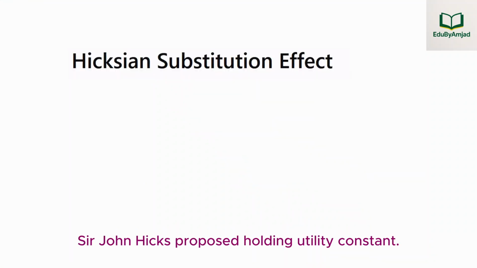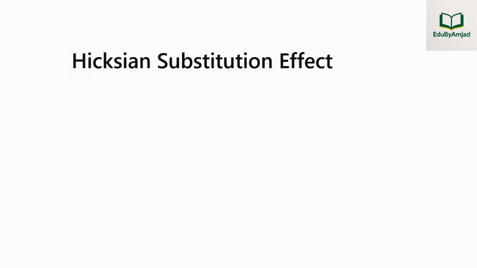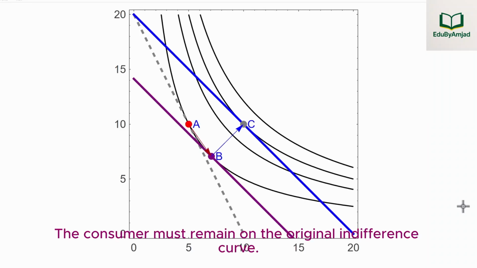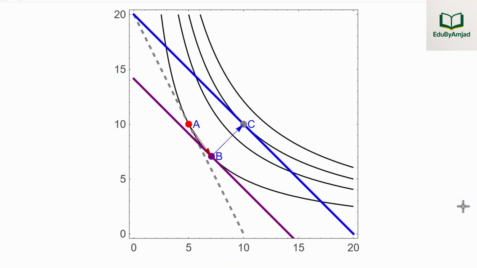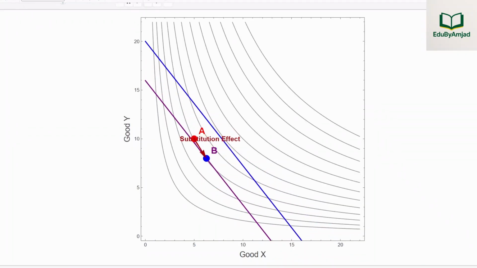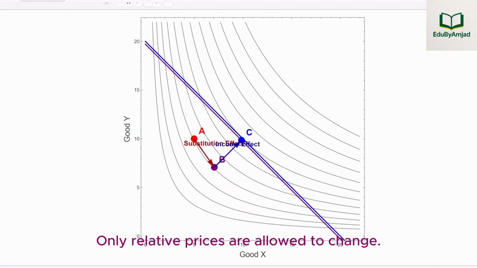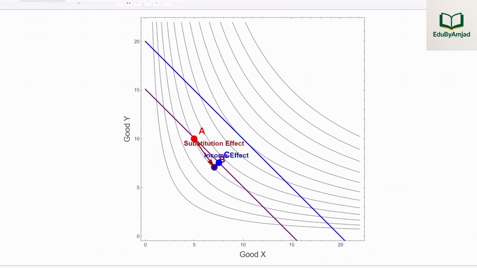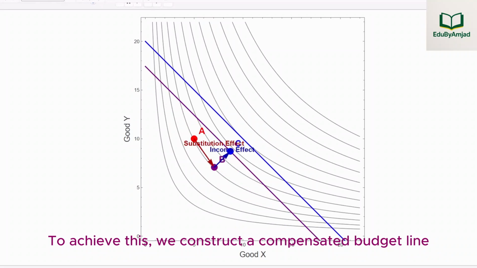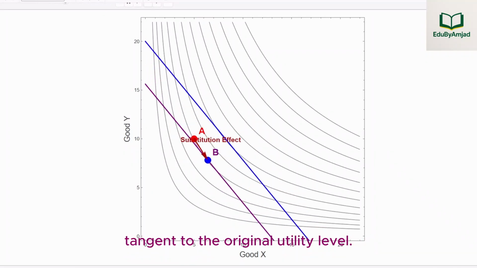Sir John Hicks proposed holding utility constant. The consumer must remain on the original indifference curve. Only relative prices are allowed to change. To achieve this, we construct a compensated budget line tangent to the original utility level.